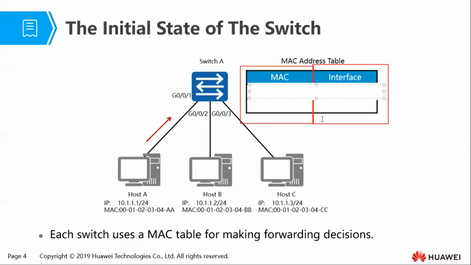So for example, let me just write the last three parts of this particular MAC address for host A. It is 0304AA. So that is the MAC address for host A. Which interface has it been connected to? It has been connected to the interface G0/0/1, like that.